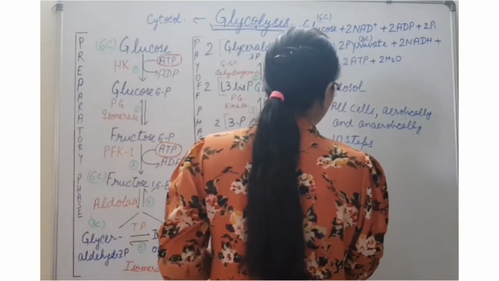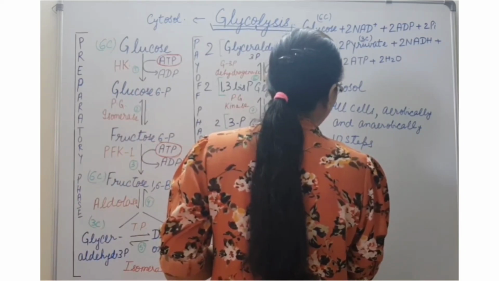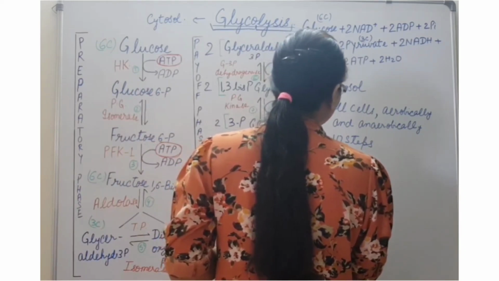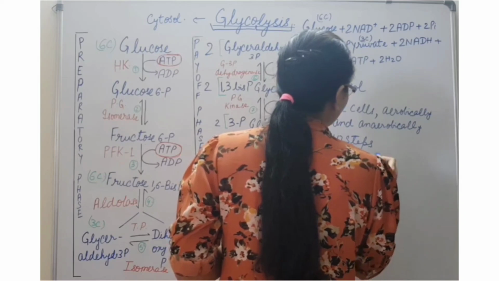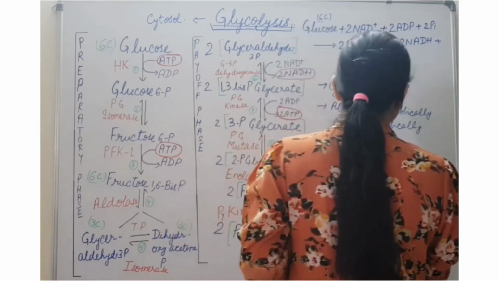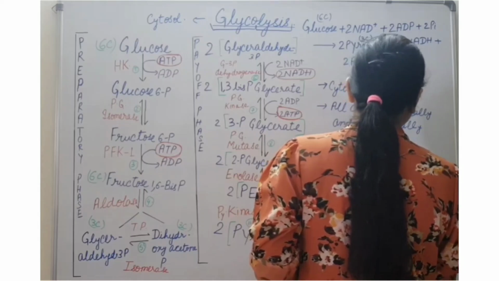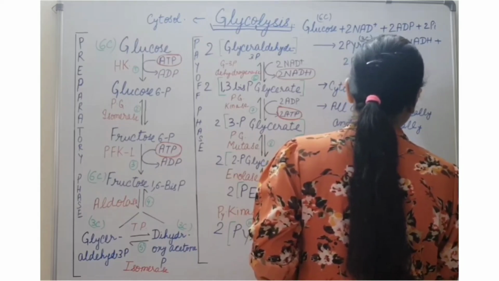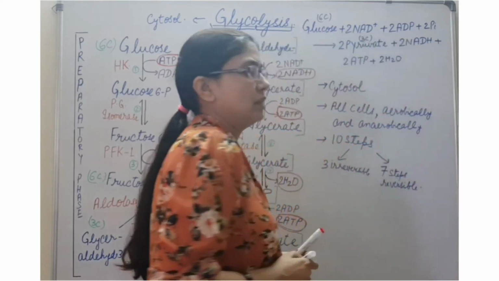Among them, 3 steps are irreversible and 7 steps are reversible. What does this mean?